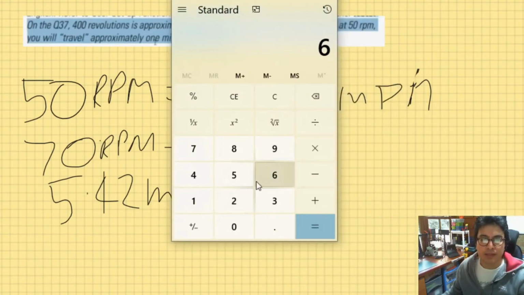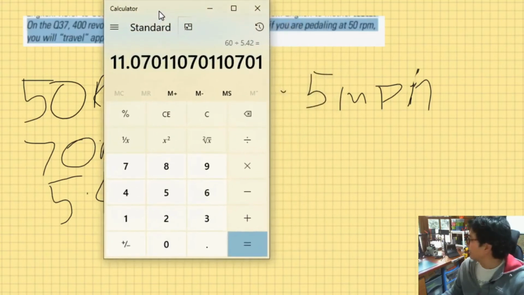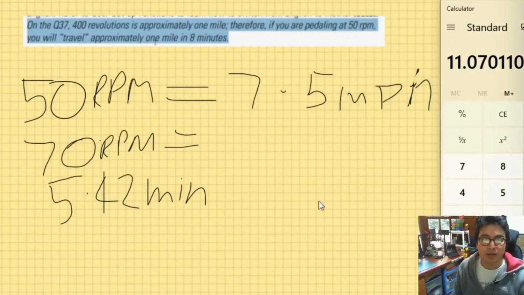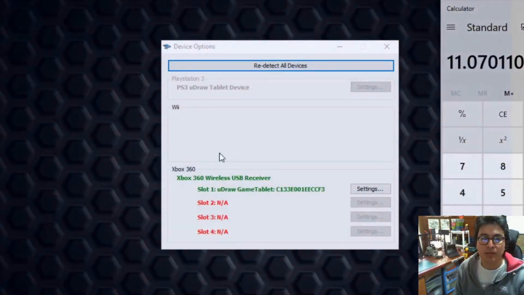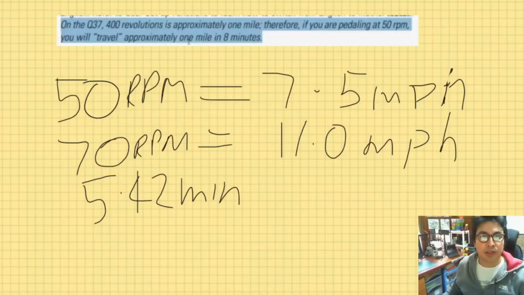So that's 60 divided by 5.42 equals approximately 11 miles per hour. So at 70 RPM you will be travelling about 11 miles per hour. Okay, I'm back, my whiteboard just crashed on me. Hopefully that's given you an overview of how to convert your RPM into MPH in your cross trainer.